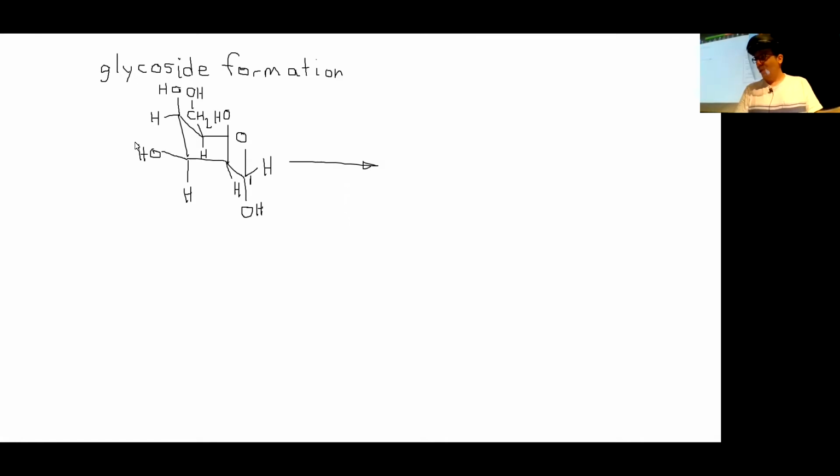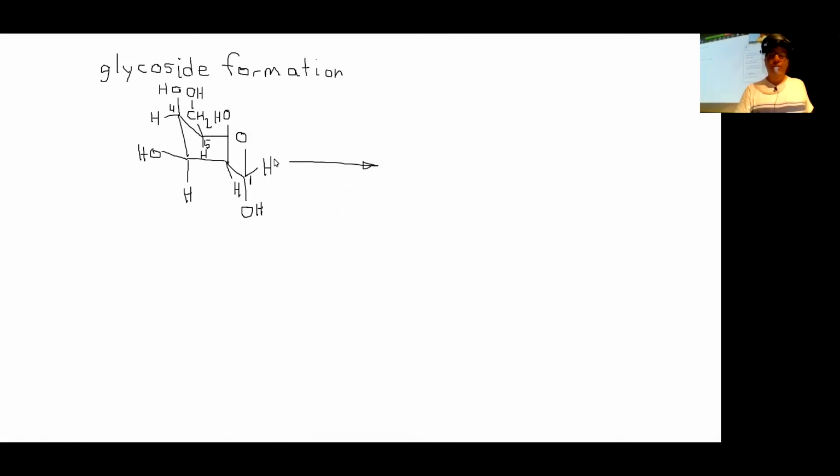I don't ever really work with those, and I certainly don't care if people memorize those, but there's also a way to get 5-membered rings. In that case, rather than the oxygen on carbon 5 forming the hemiacetal, see how this oxygen is attached to carbon 5, instead I believe you'd use this one that's attached to carbon 4. And if you make a hemiacetal there, then you'll get a 5-membered ring rather than a 6-membered ring.